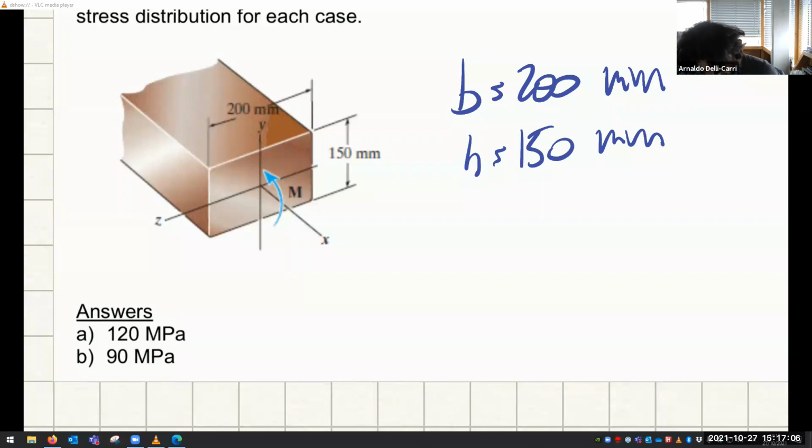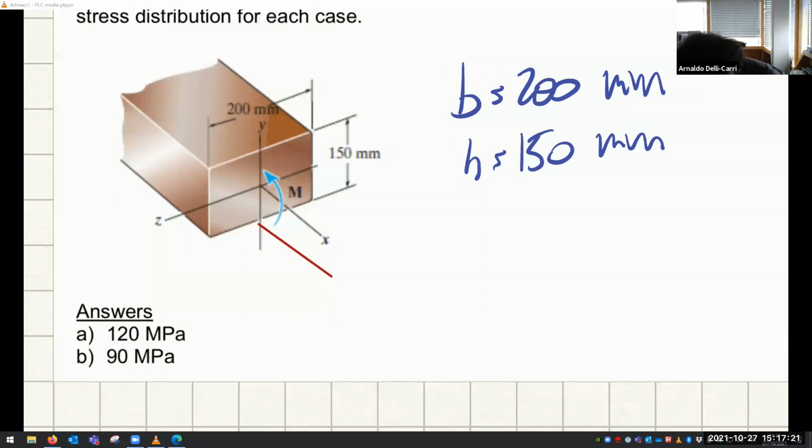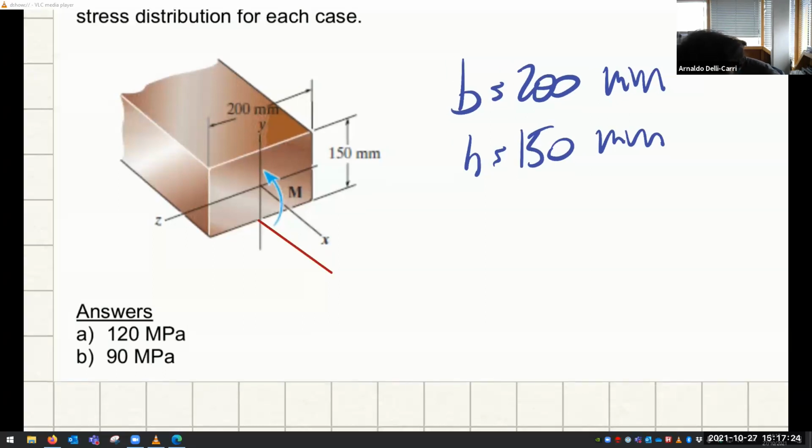This is the stress. So this is the distribution.